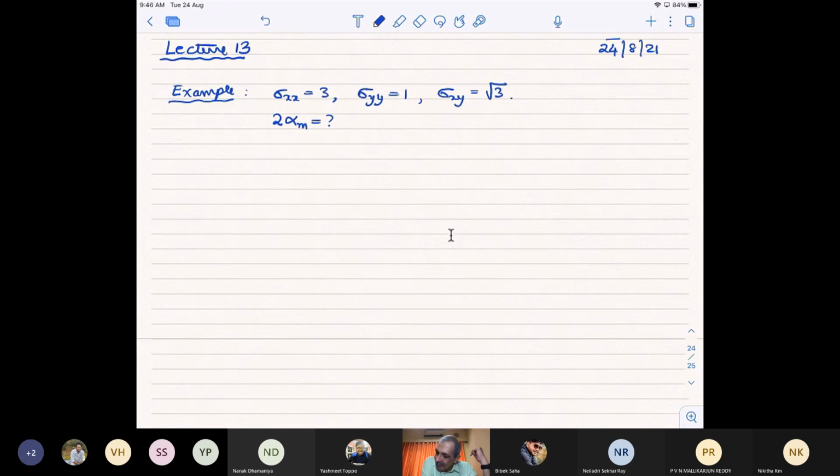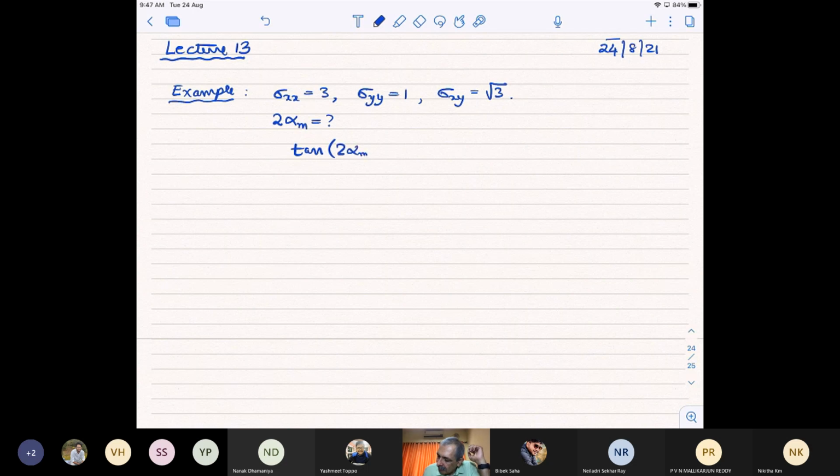Can someone tell me what is it? Anybody? 60. Correct, perfect.